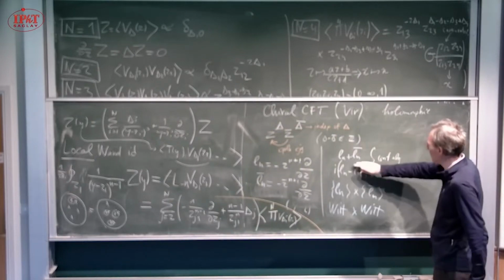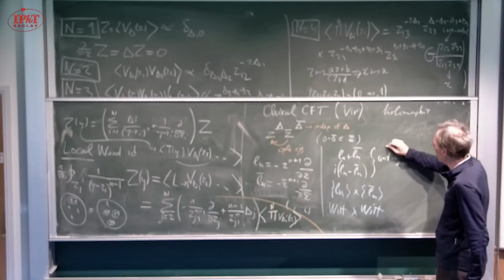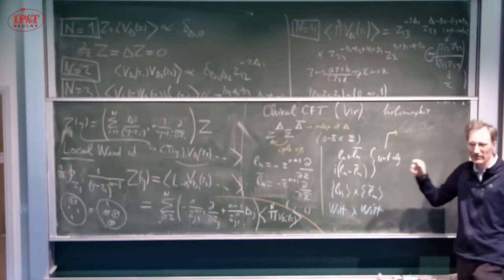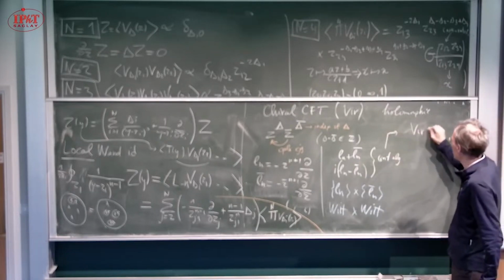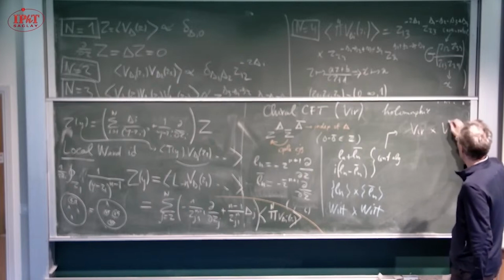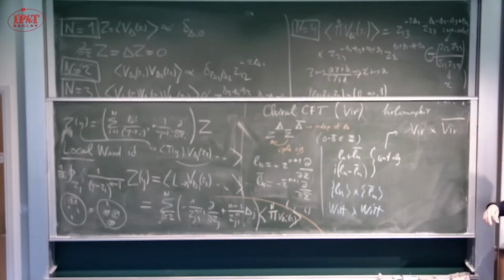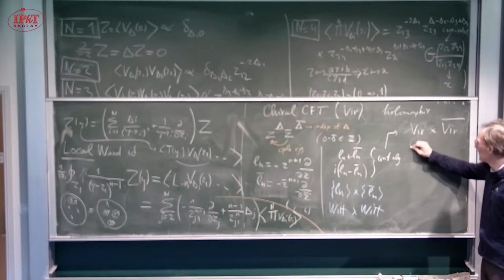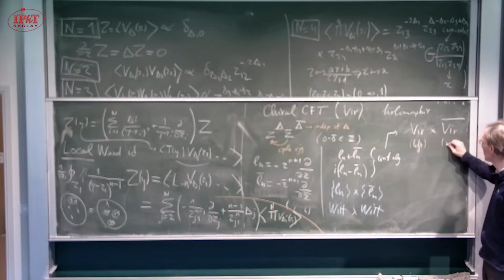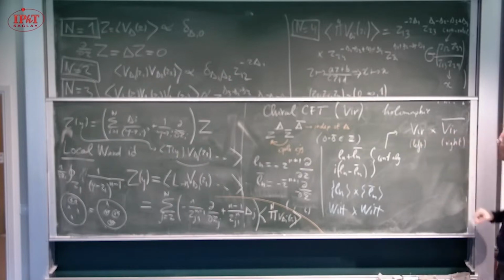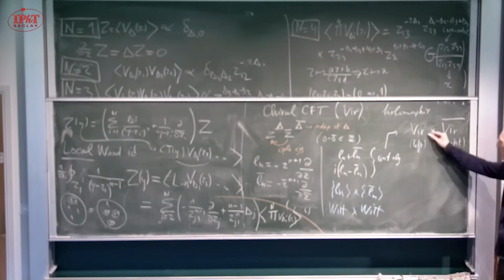Well, what I really want to call the conformal algebra is after central extension, and that's Virasoro times Virasoro bar, just to say it's the right one. So I have the left Virasoro and the right Virasoro. I'm assuming they have the same central charge for simplicity.